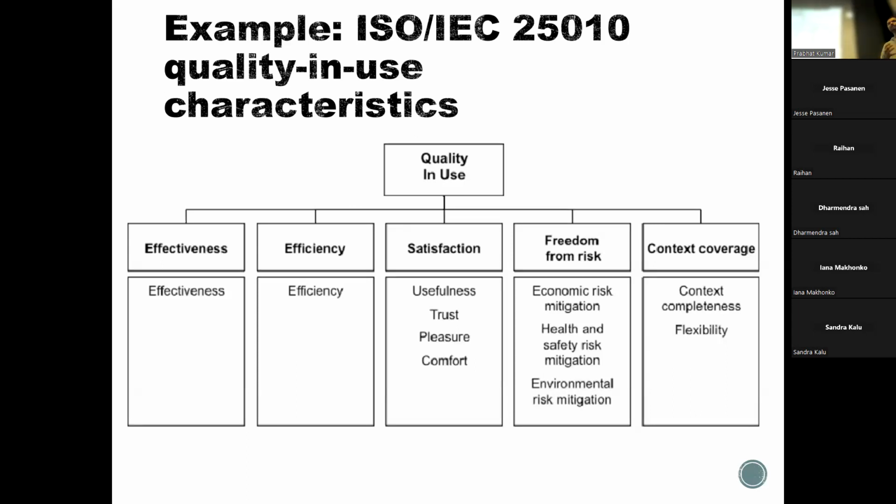And flexibility means, can it do something beyond those tasks, which you have not given as an input, but still you have in the software. So this comes under context coverage. So if any software has these 5 properties, we can say the quality during usage is high. All right.